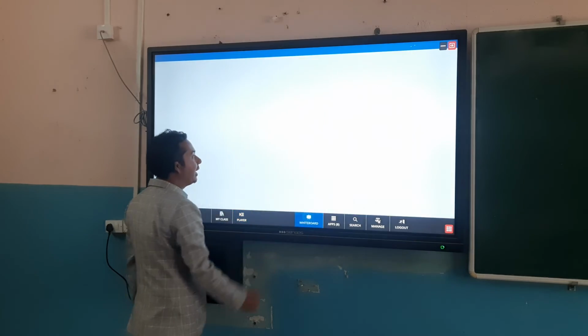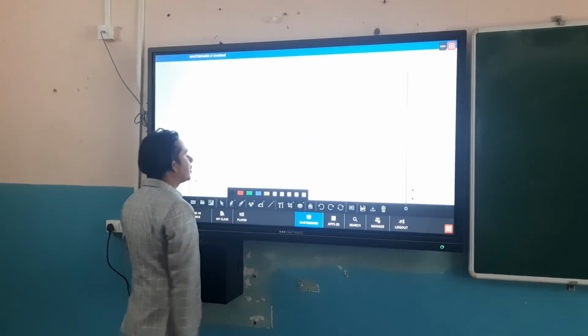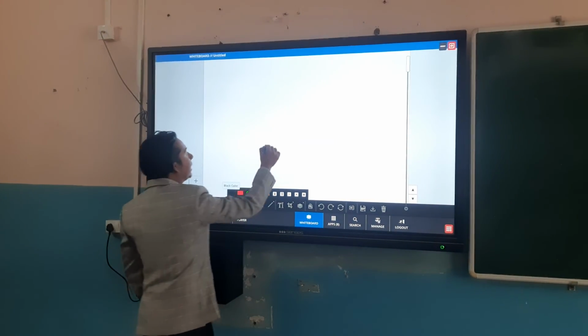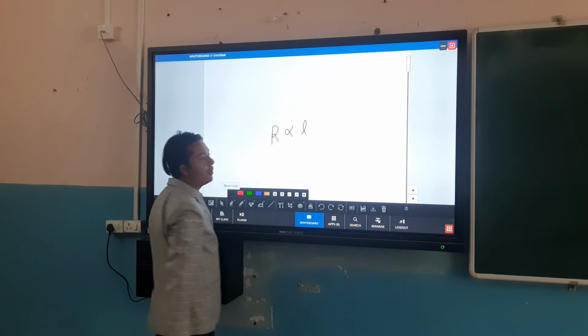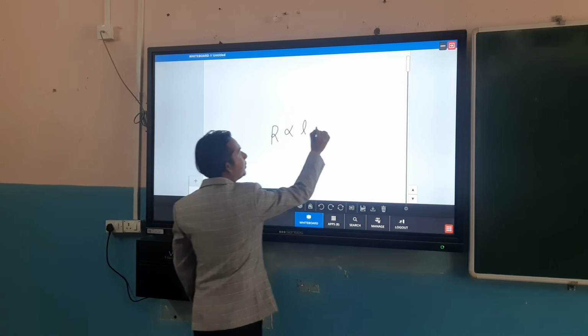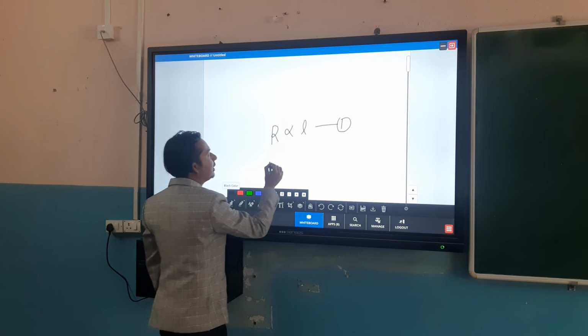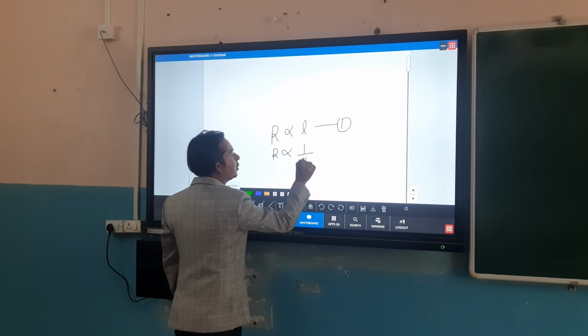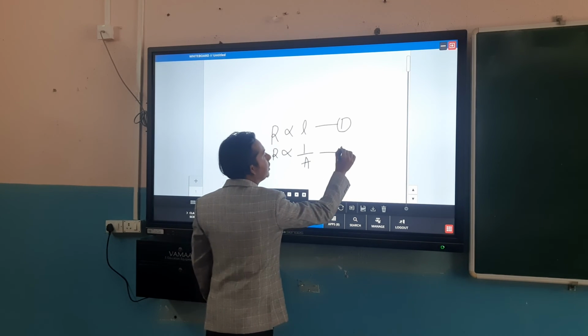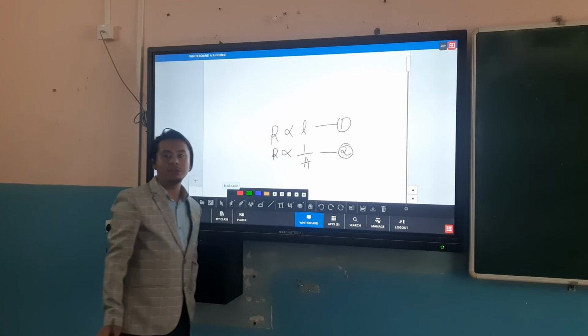So in other words, if I have to write, then I can write that resistance is directly proportional to the length of the wire. This can be your equation number 1. The other thing you can write is that resistance is inversely proportional to the cross section area of the wire. You can use it as equation number 2.